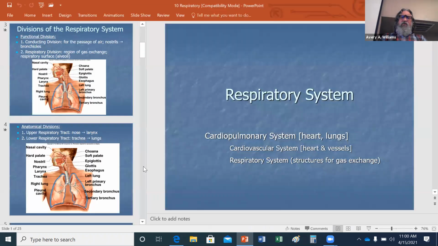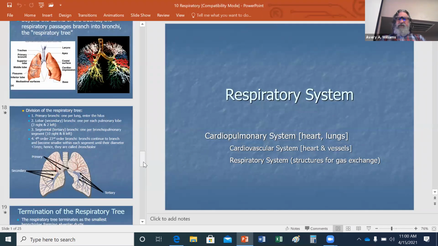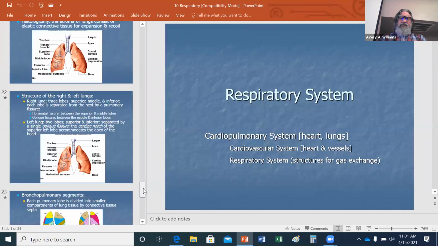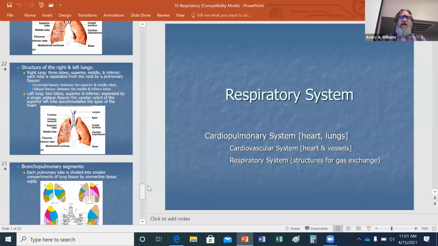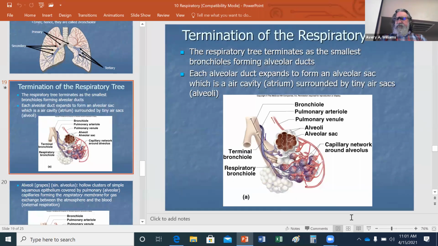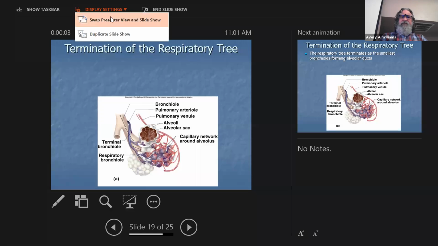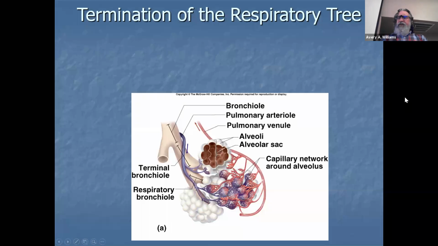No. Almost. Let's see. The termination of the respiratory. Oh, yeah. Right here. There it is. Okay. Let me get this out of here. You have a lot of students.